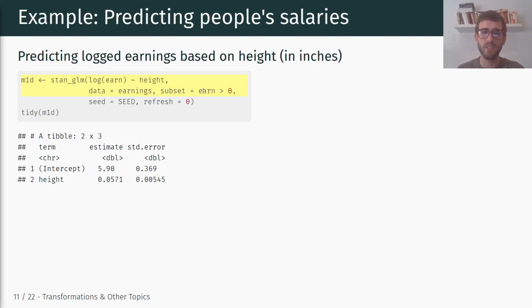So we have to exclude those observations. Going forward, we could add a two-step model where we would model whether or not someone had a salary versus not, and then model earnings conditional on the salary being larger than 0 to take that into account. But for now, we'll just discard those observations.